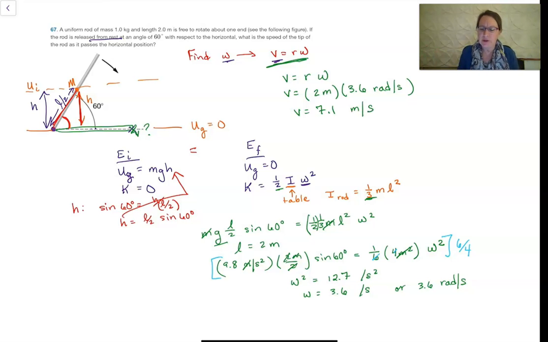If you keep all of the terms, you get 7.1 meters per second. And so that gives you then your speed at the end.